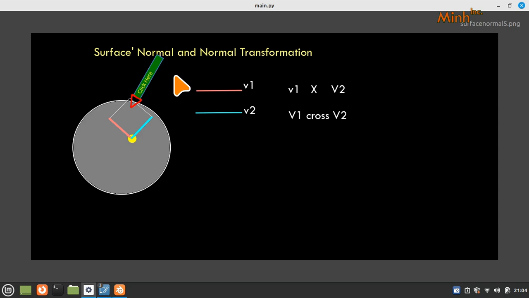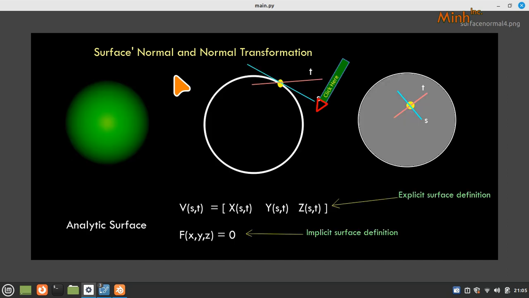If the tangent is a surface, then there are two vectors, this vector and this vector, which we can call V1 and V2. If we calculate the cross of V1 and V2, we can calculate the normal.